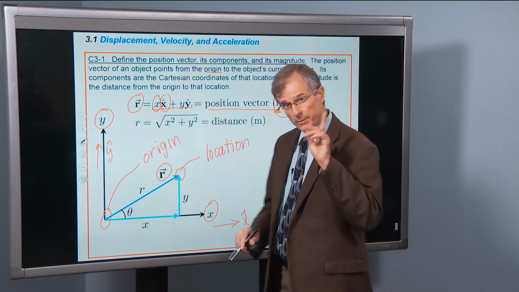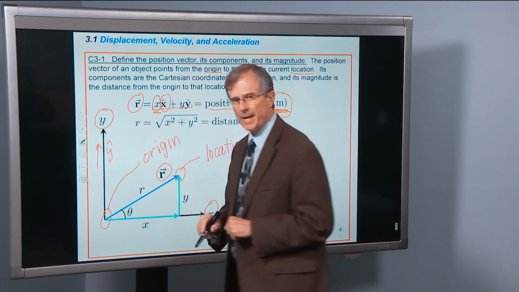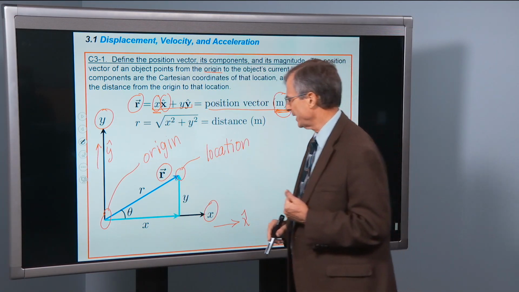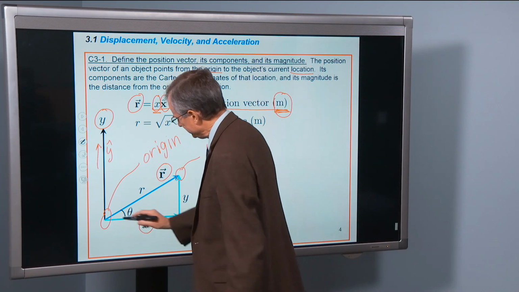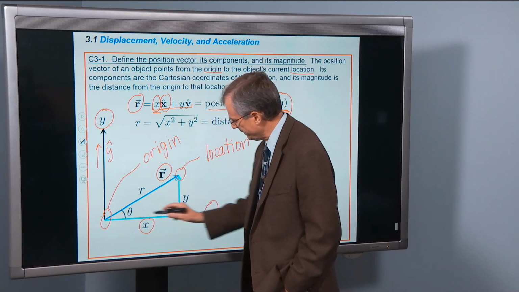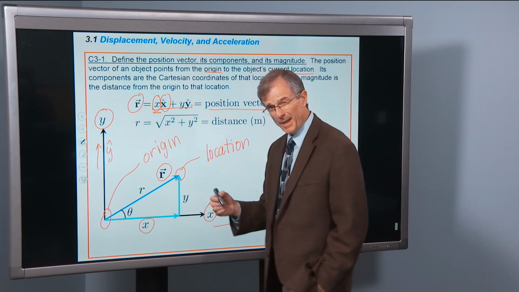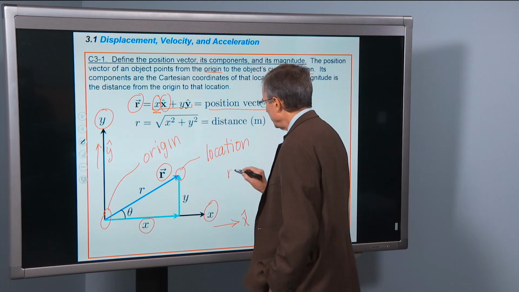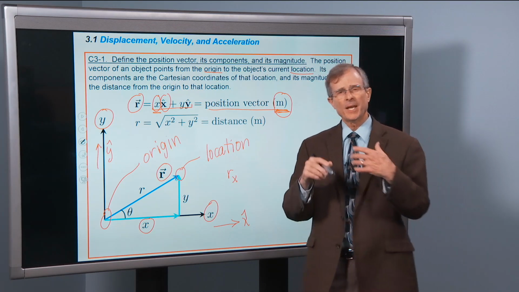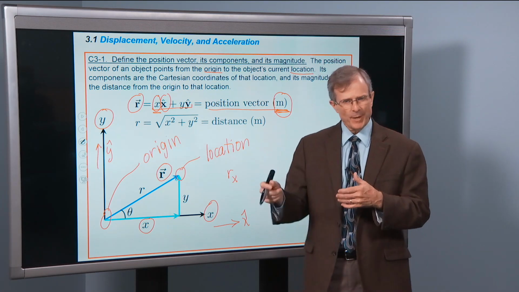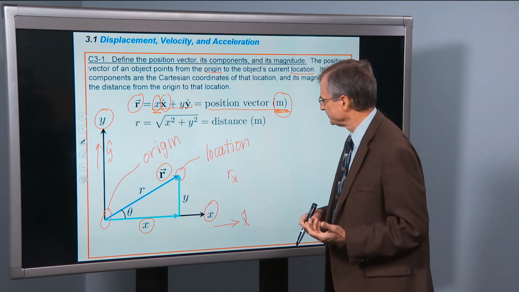And as we talked about in chapter 1, whatever multiplies x hat is the x component of a vector. So that's this piece right here, the component of the vector r that points in the x direction. In chapter 1, we would have denoted that r sub x, like we had vector a, and we had a sub x and a sub y for the x and y components of a vector a.